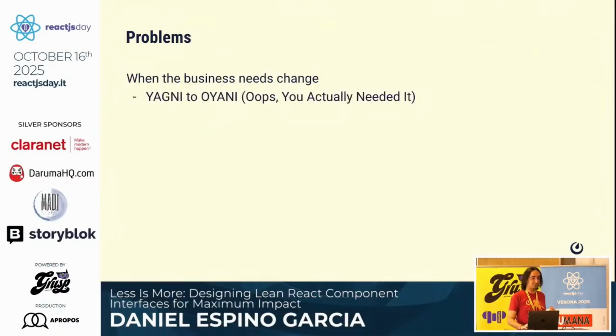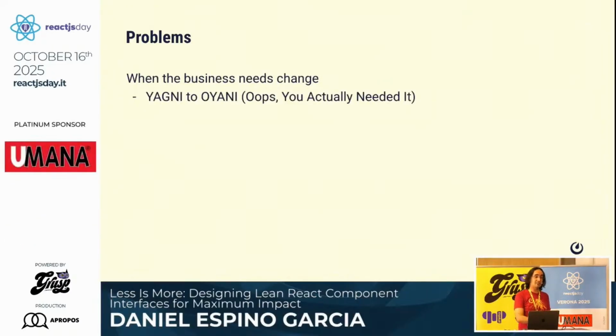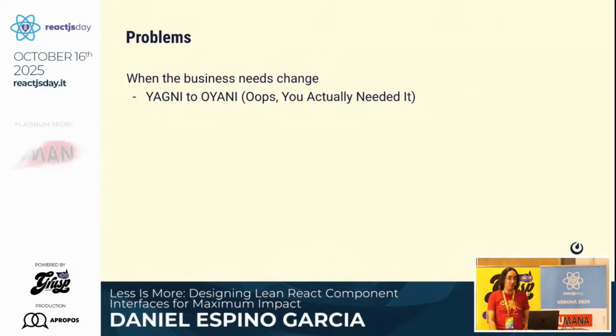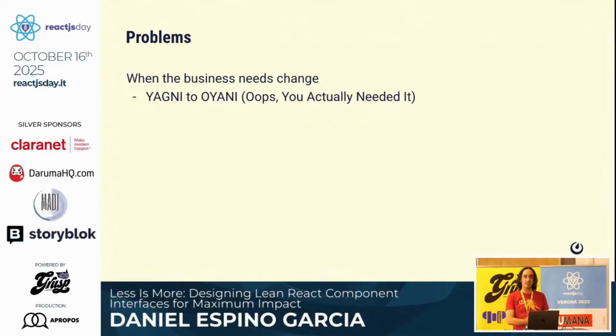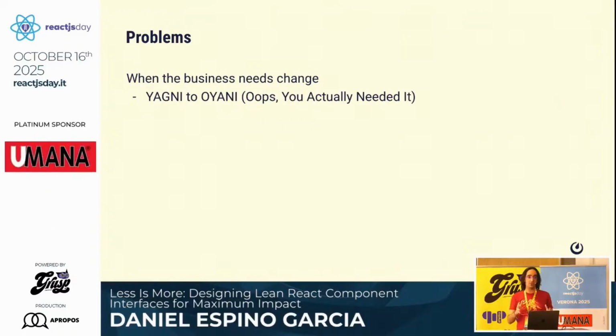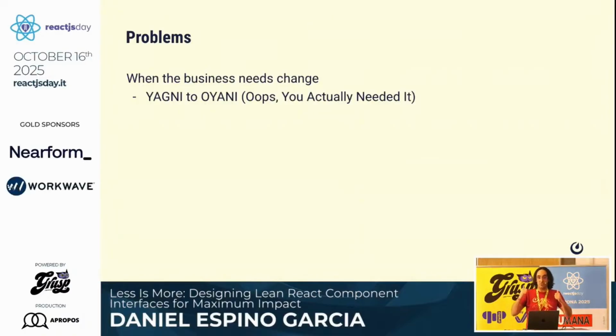Another problem that comes from that is when the Jagnis becomes something I call the Oyanis, which is, oops, you actually needed it. So yeah, that happens, and it's really frustrating. But we, as humans, usually focus on what goes wrong because that's what we can change. Everything that goes right is working fine, so we don't have to worry about it.